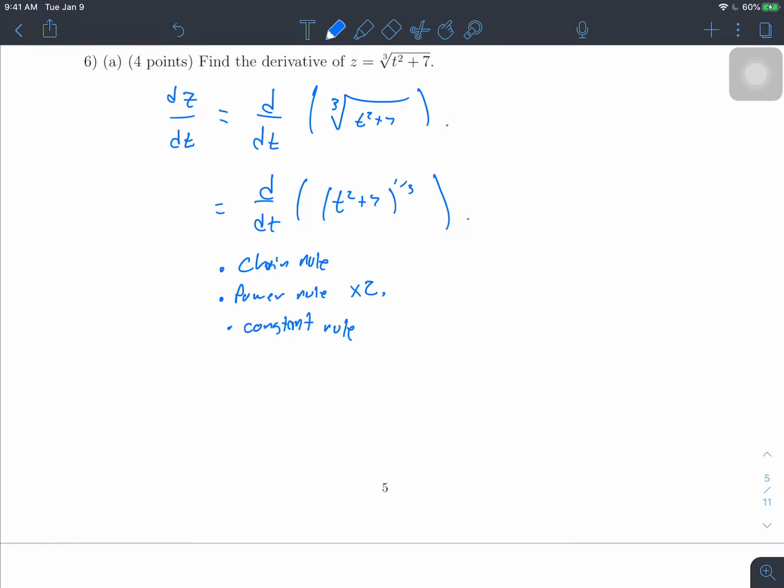Okay, so the first thing to do is derivative of the outside function, where we leave the inside alone. So we'll leave t squared plus 7 alone. And if we want to do its derivative of the outside function, well, it's just z to the 1/3, or x to the 1/3, or y to the 1/3. So we just use the power rule. The power should decrease by 1. 1/3 minus 1 is negative 2/3.